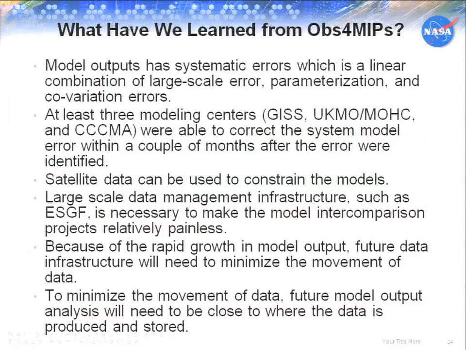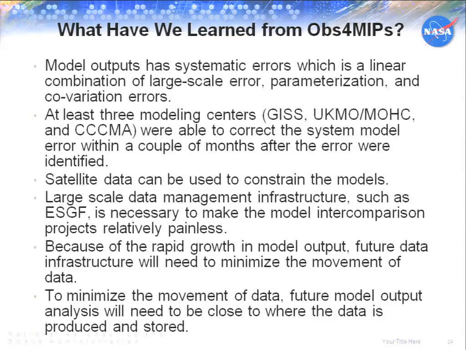So what have we learned? Model output has systematic errors, which are a linear combination of large-scale errors, parameterization, and covariation errors. To reduce that error, at least 3 modeling centers were able to correct the systematic error and bring them back to a tolerable level, to agree with the observation.